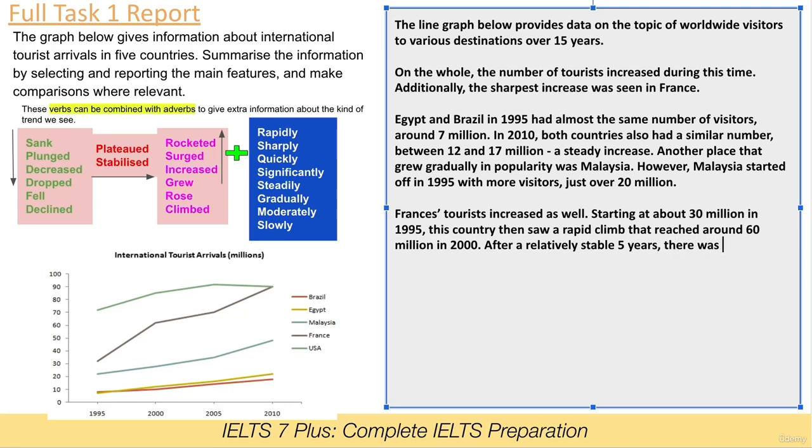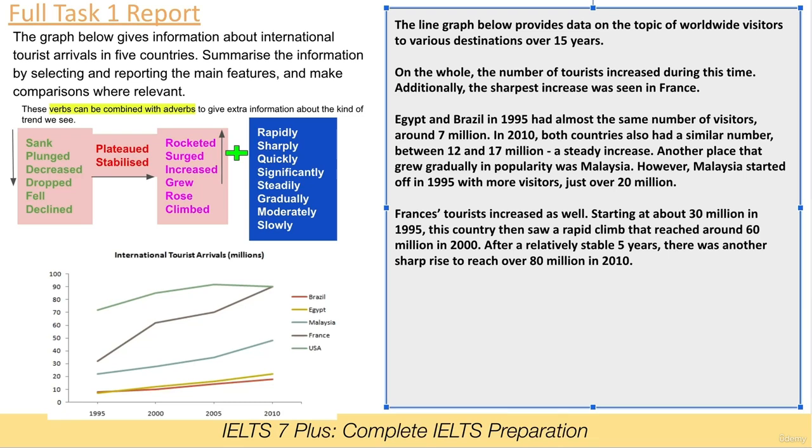There was another, perhaps we can use sharp rise. Have we used rise before? Don't think so. Okay. There was another sharp rise inevitably to reach over 80 million in 2010.